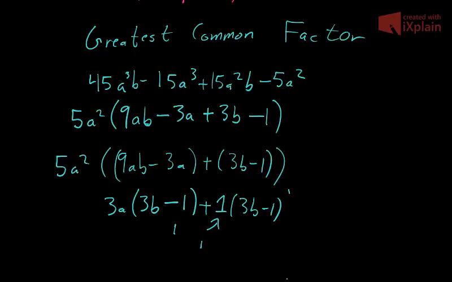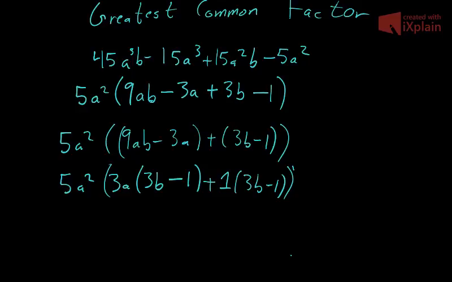Thankfully I can just stick in a 1, because if I'm multiplying by 1 nothing changes, and that'll hang out. And I want to make sure I still have my 5a squared out front. And now I can keep my 5a squared still, and I have my 3a plus 1 and my 3b minus 1. And just like that, I have everything I need. It's all factored, good to go.